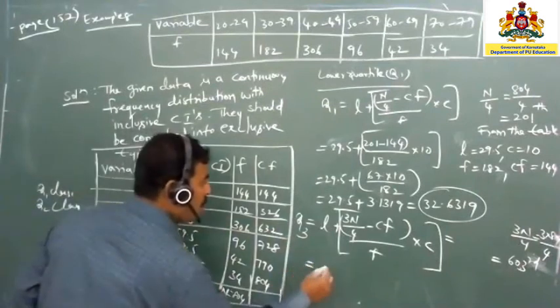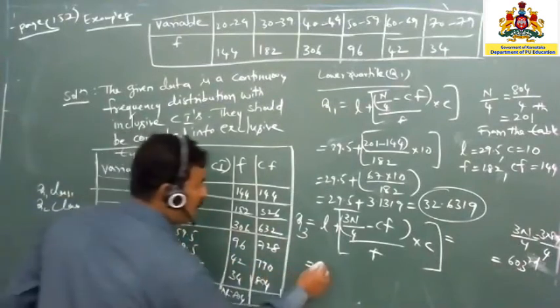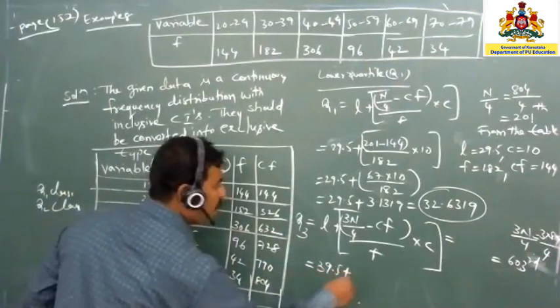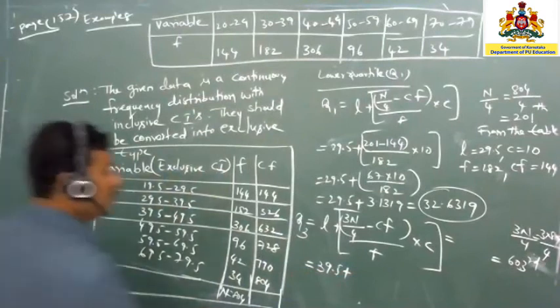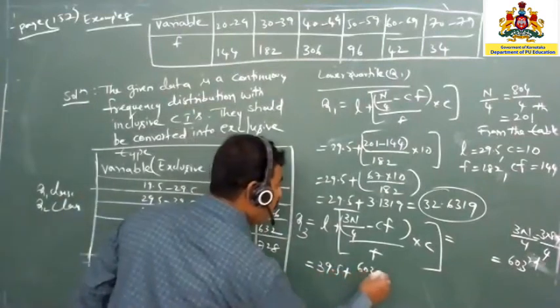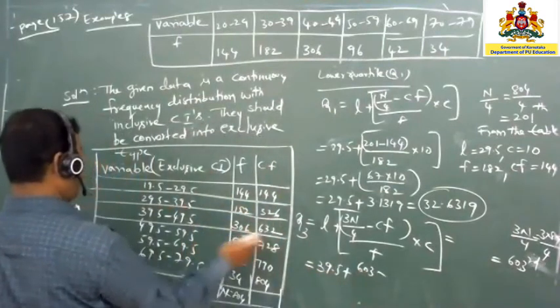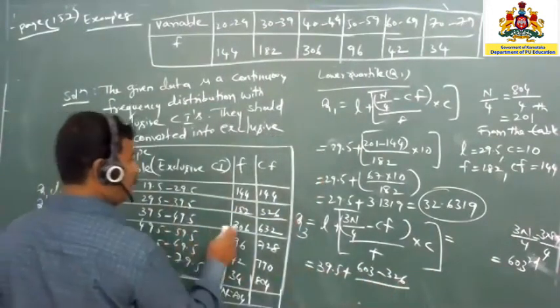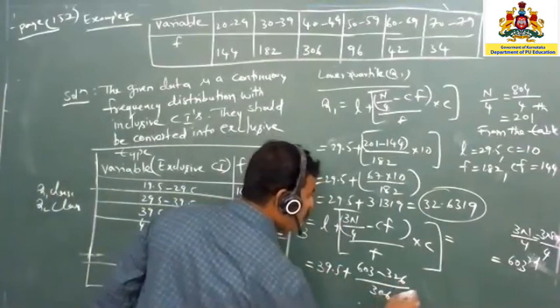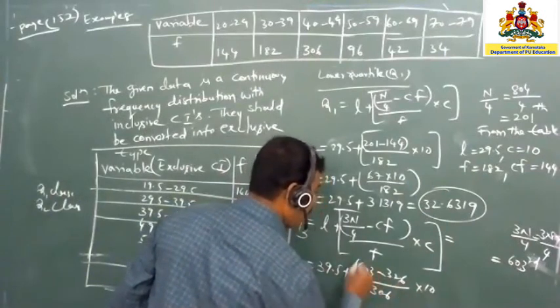From the table, L is the lower limit: 39.5 plus (603 minus previous CF 326) by F 306 into 10.